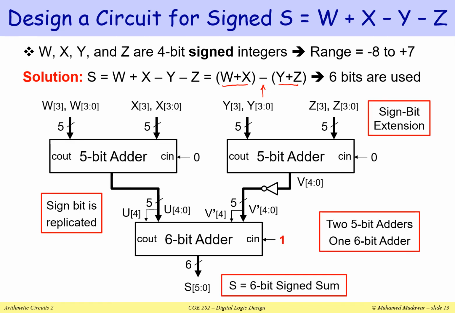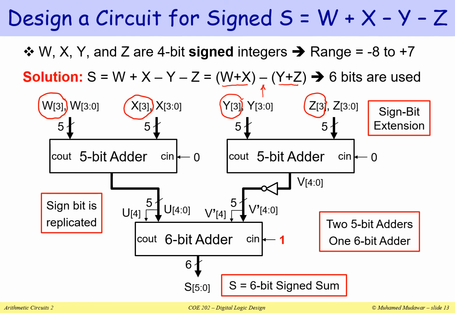This is shown here. I'm using a 5-bit adder to calculate W plus X. Notice that W and X are sign extended. You can see that the sign bit is replicated: W3 is replicated, X3 is replicated, Y3 is replicated, and Z3 is also replicated.